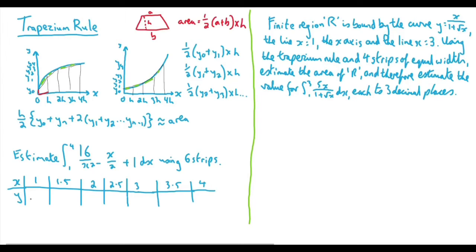So if you were to do that with this one, 16 over 1 squared minus 1 over 2, add 1, that would give you 16.5. Doing it again with all of them, you end up filling out your table with 7.361, 4, 2.31, 1.278, 0.556, and then lastly 0.